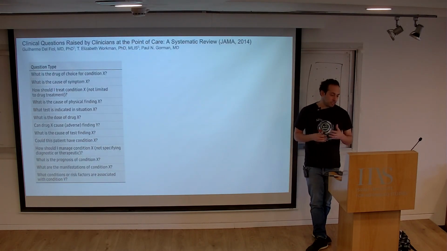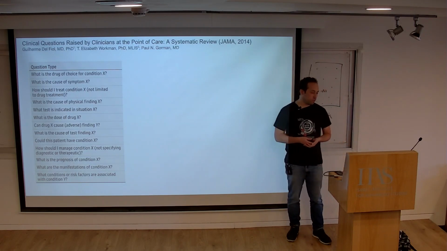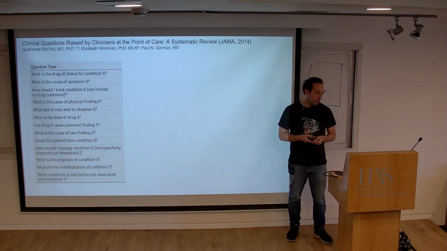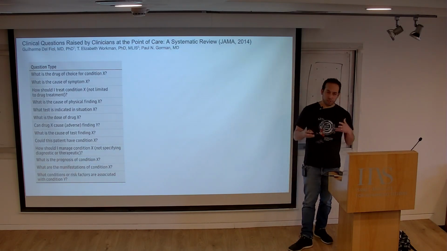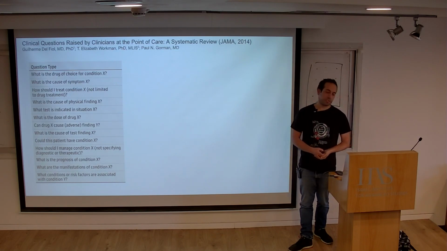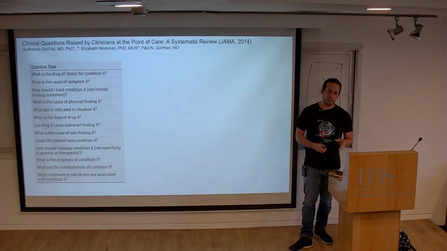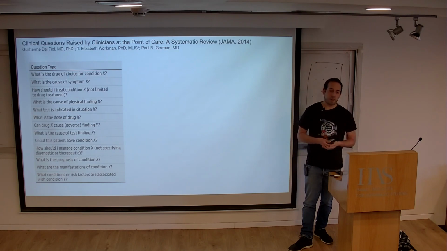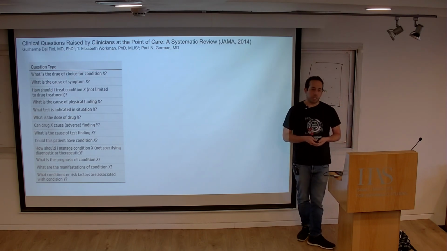Now, there's this nice systematic review from JAMA from a few years ago that first looked into all the different types of questions that clinicians have. And these are questions where they don't feel that they have the answer immediately. They need to think, or they need to potentially find knowledge externally.